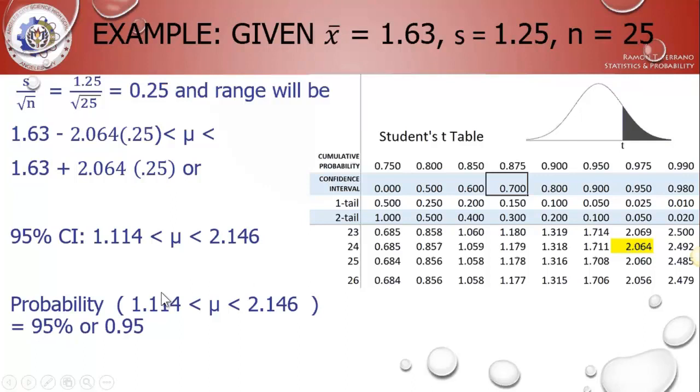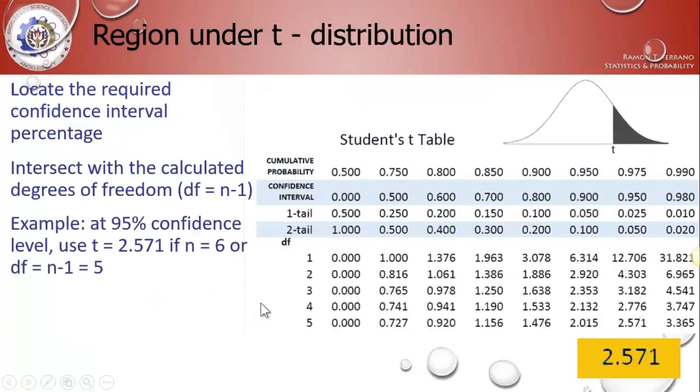That means the probability that you will find the sample means kung nag-sample ka ng 25 is 95%. Okay? Or 95% of the time, the sample means will fall within this range of 1.114 up to 2.146. Okay, so that is how you locate the region, the T value under the region of T distribution.